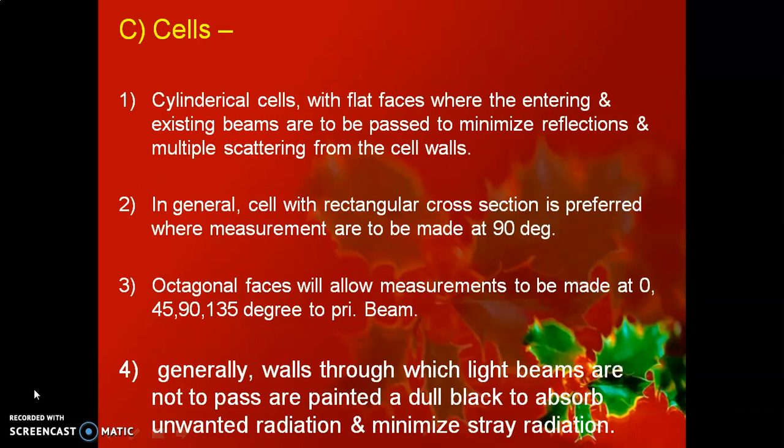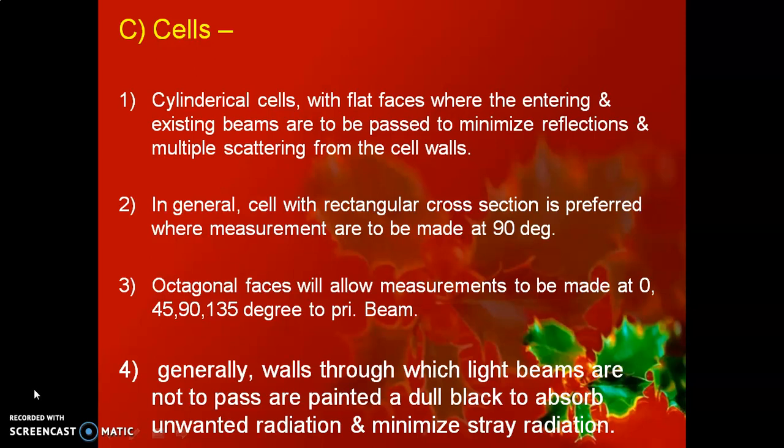Next is the cell. Cylindrical cells with flat faces where the entering and exiting beams pass are used to minimize reflections and multiple scattering from the cell wall. In general, a cell with rectangular cross section is preferred where measurements are to be made at 90 degrees. Octagonal faces allow measurements at 0, 45, 90, 135 degrees to the primary beam.